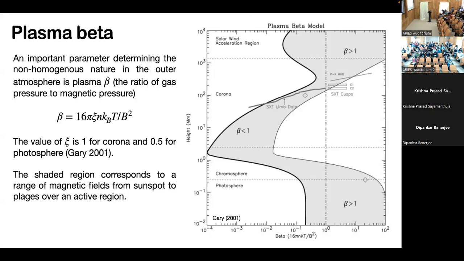So this plasma beta will come out to be 8 pi N kBT by B square. So that is the plasma beta.